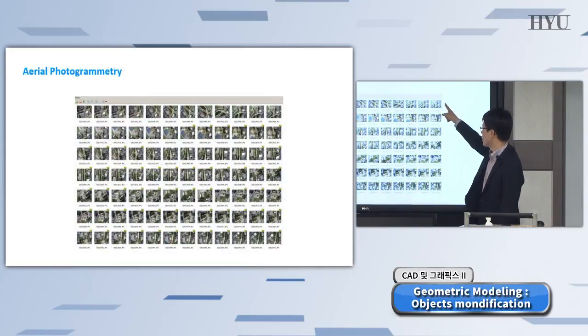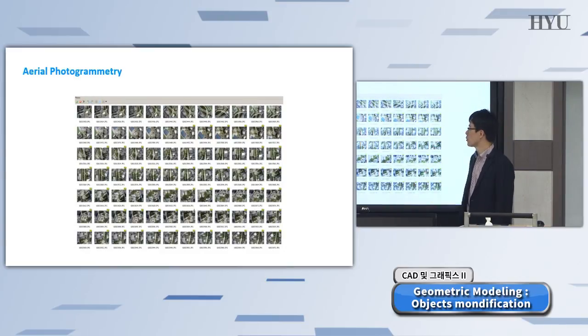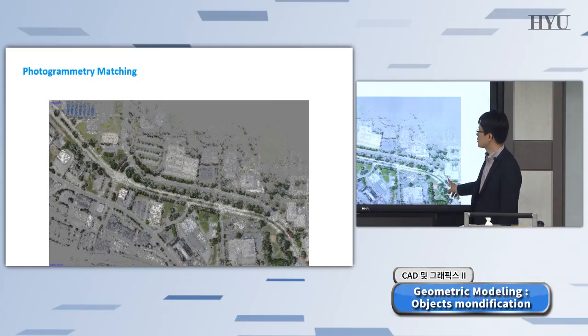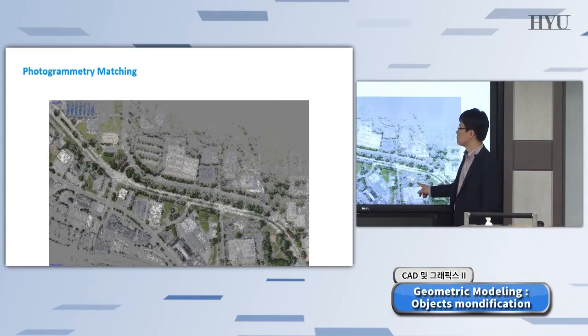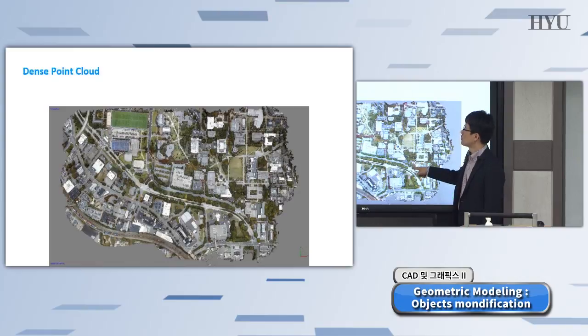Anyway, we can acquire a large amount of image-based pictures for that site. The site here means the Georgia Tech campus, okay? And then for photogrammetry purposes we can get geometric points, a sparse point cloud and a dense point cloud, okay?